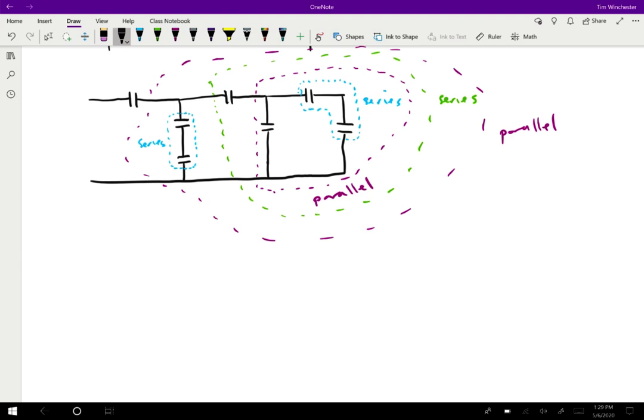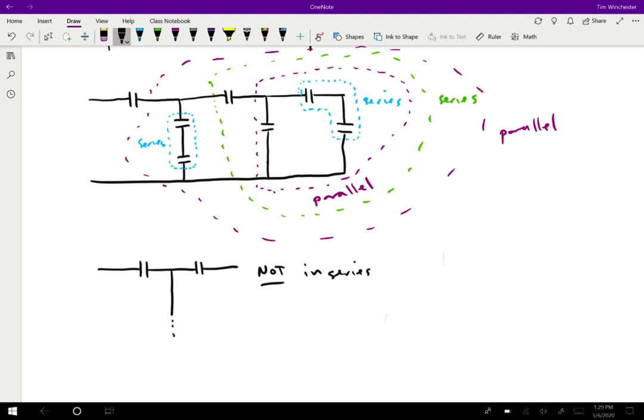I might be able to say, for instance, that these two capacitors are in series, like this, but if there's anything else going on here, then I can no longer make that claim. I have no idea what's going on unless I know everything about what's going down that middle branch. It is absolutely not the case that these would be in series. They're only in series if that is it, if there's nothing else going on.